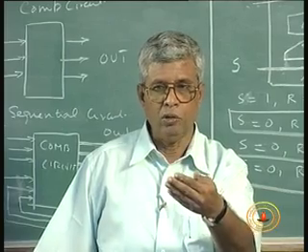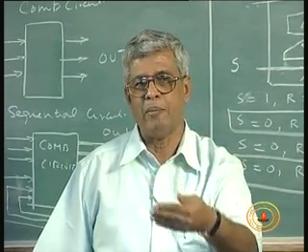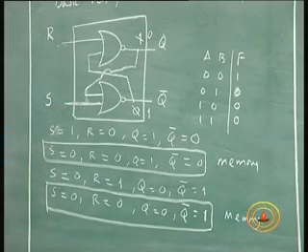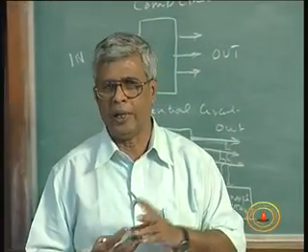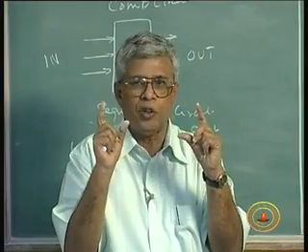What output now depends on what output was there earlier, all that will be done by the sequential circuit because there is memory in it. So, that is the basic stuff. We have studied 3 cases, we have 2 circuits. You call it a sequential circuit, but as far as I am concerned, it is 2 NOR gates, and I have not done anything different from what we know already.